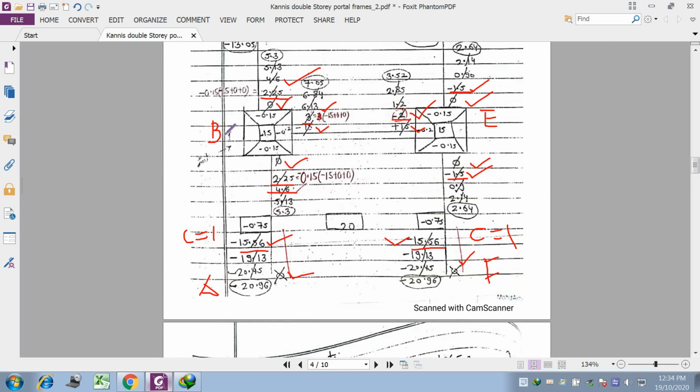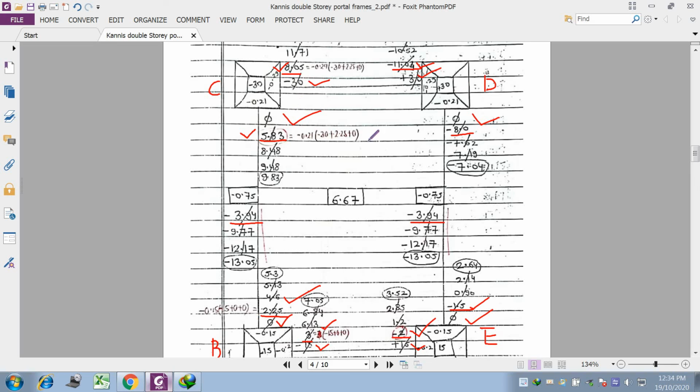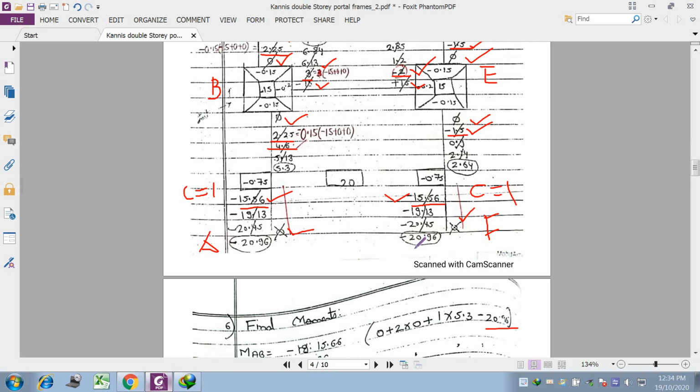Whenever we calculate the moment for BE and EB and CD and DE, we do not need to take the value of the column factor which we have already calculated in this part, this minus 13 and this minus 20 and minus 20.